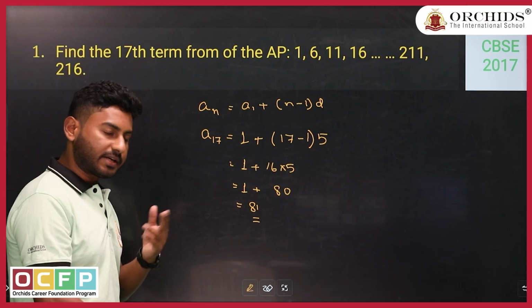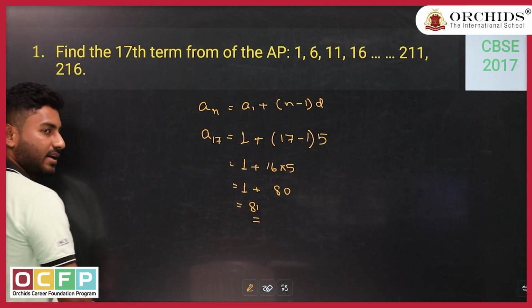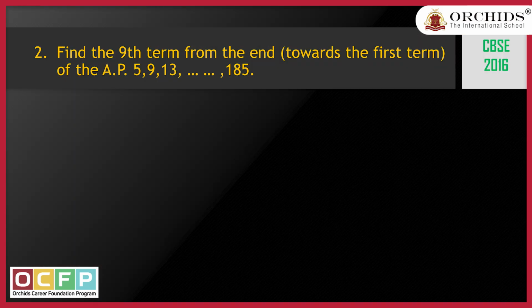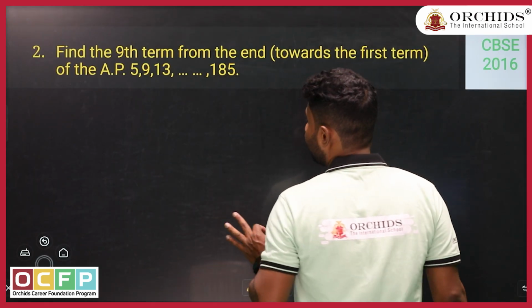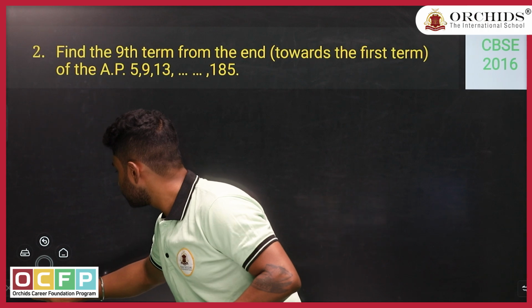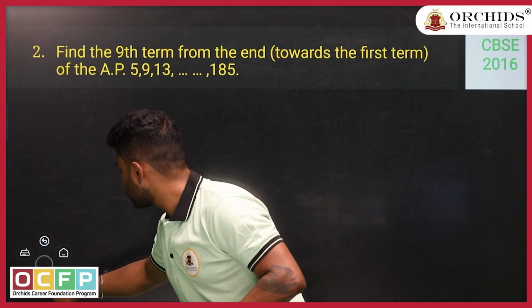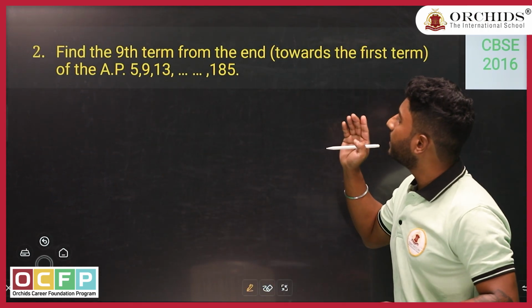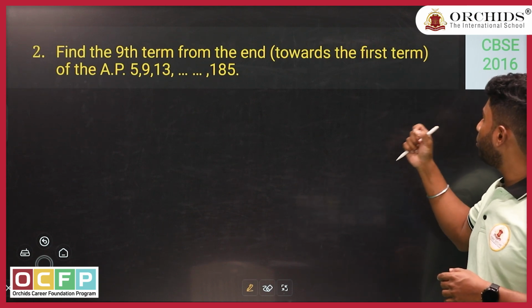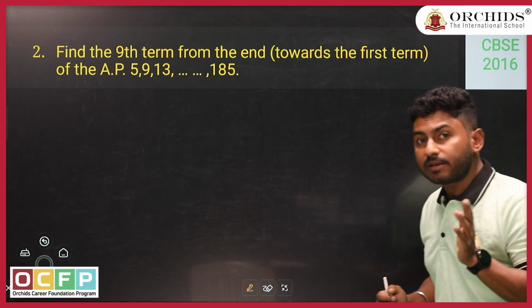Okay, let's come to the second question. Easy, right? Okay, so the next question is, find the 9th term. We have to find the 9th term from the end this time, towards the first term. Okay, now what does it mean?